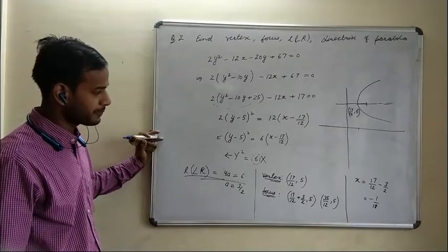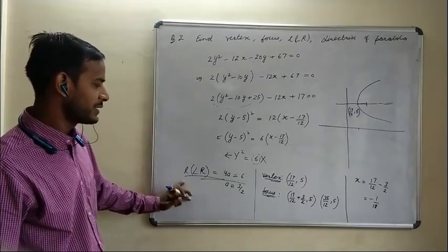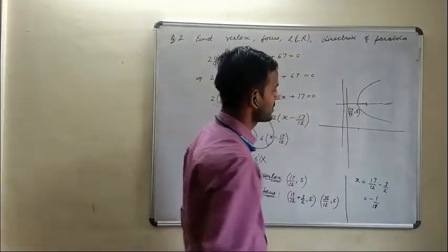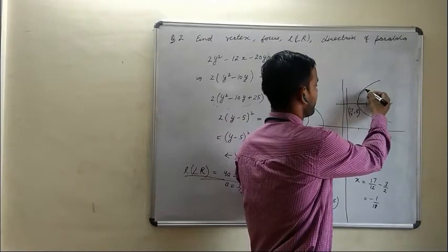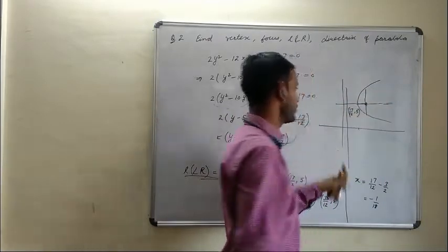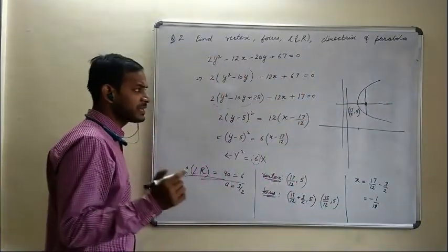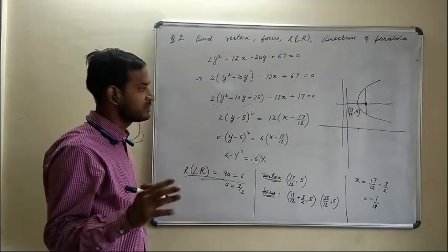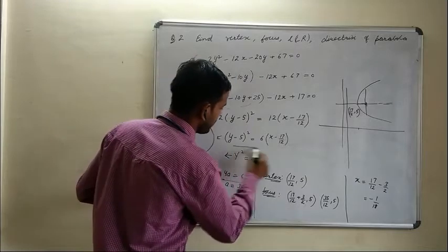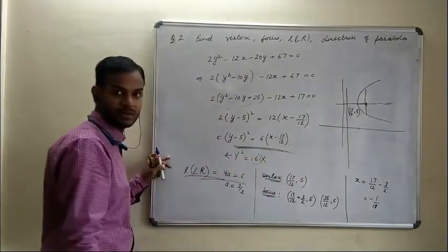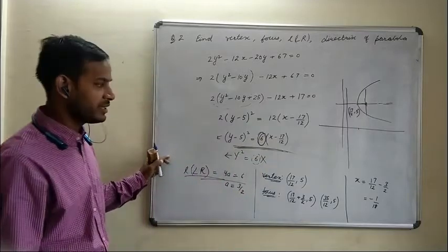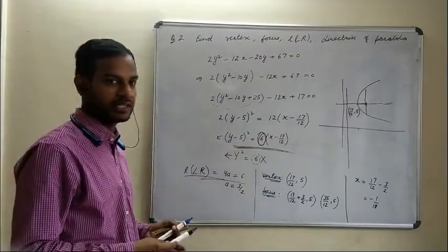So this is latus rectum, this is directrix, focus we have found, and just in case the length of latus rectum is asked, you can stop your question right here. Because here with the coefficient you can directly say that length of latus rectum is 6.